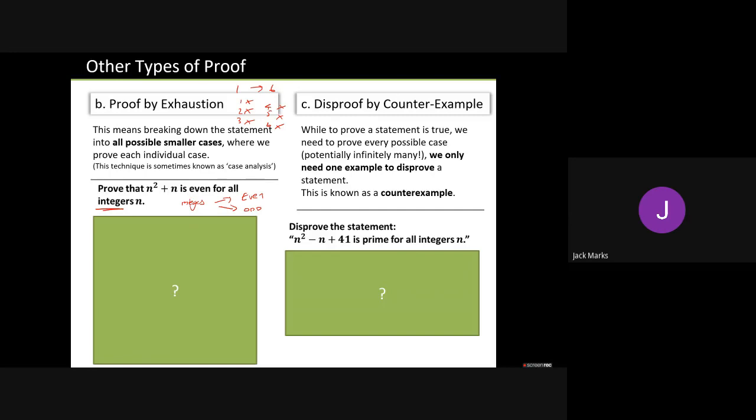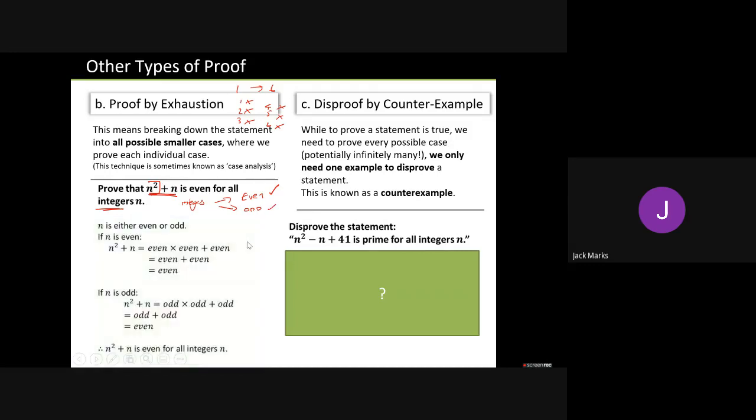So we can work through what happens in here if you have an even number and an odd number. So an even squared is an even multiplied by an even, which is even. And even plus an even is even. So it works. And you would write this out. Odd squared is going to be odd. And then odd plus odd will give you even. So you could represent it sort of like this.